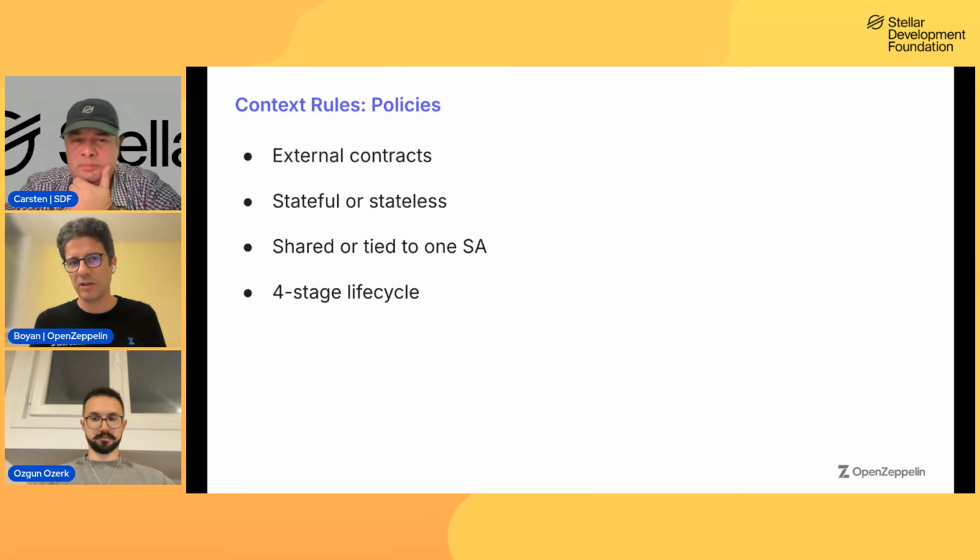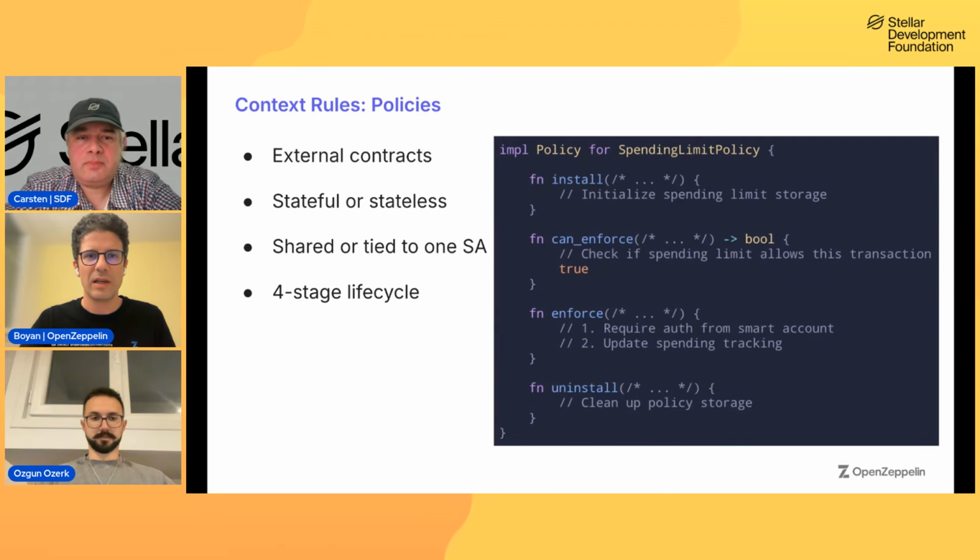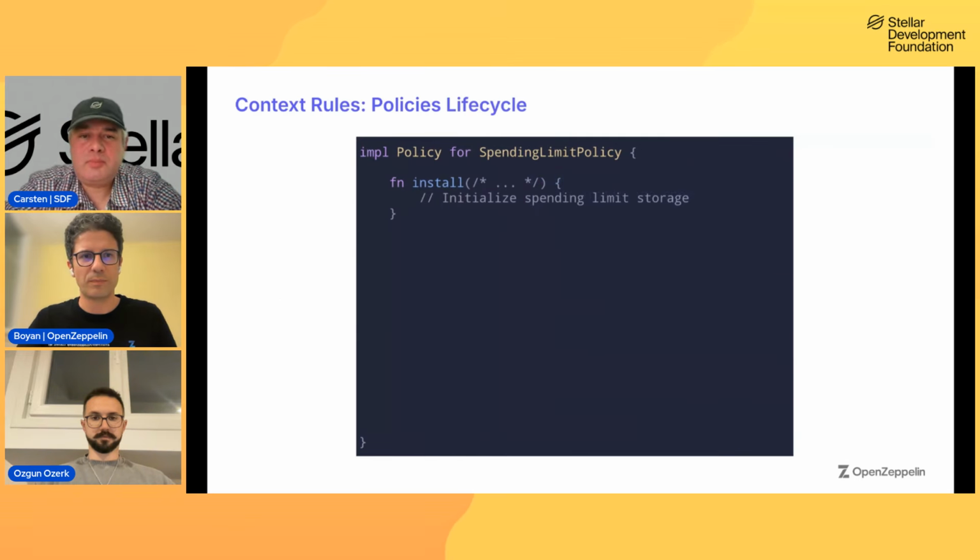They can be shared across many different accounts or can be tied just to a specific smart account. And the other aspect is that they have a 4-stage life cycle, which is visible from the interface that those policies must adhere to.